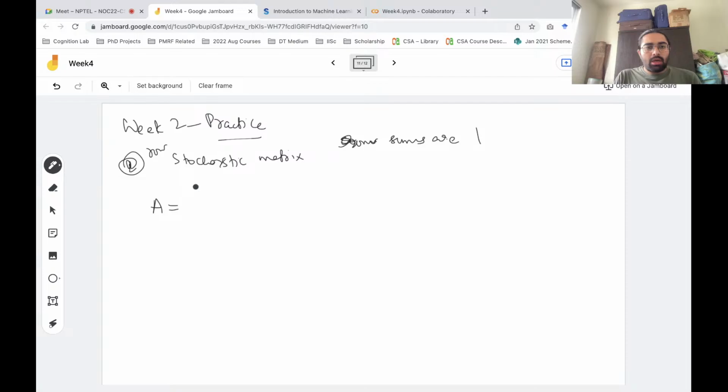One second, this has to be a square matrix. All right, yeah, so a square matrix n cross n. So I have here an n cross 1 vector, which is all ones. So if I take A into 1 bar, what will A into 1 bar be?